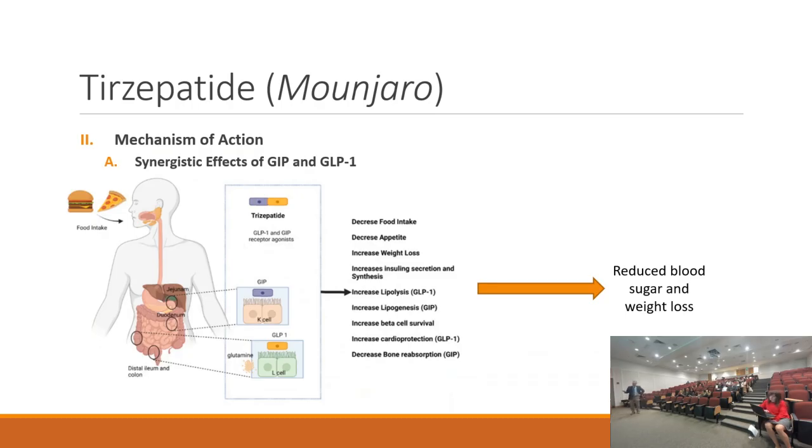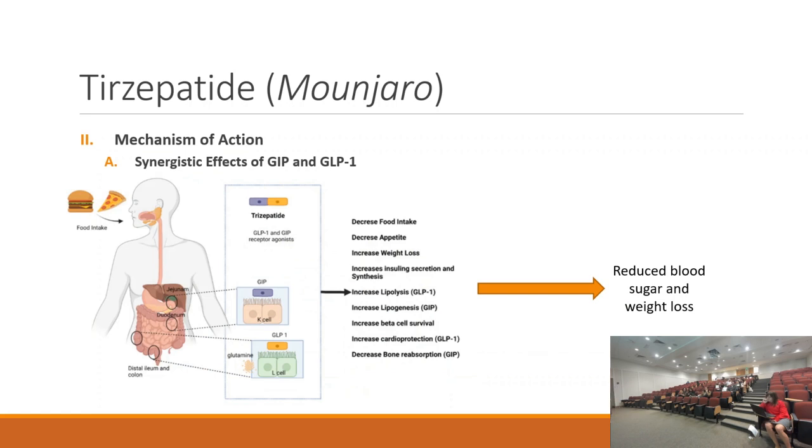So again, we can see all of these things here that we talked about, and even some more with the increased hormones. Again, we get an enhanced decrease in food intake due to more appetite suppression, increased insulin secretion over just GLP-1 analogs by themselves.